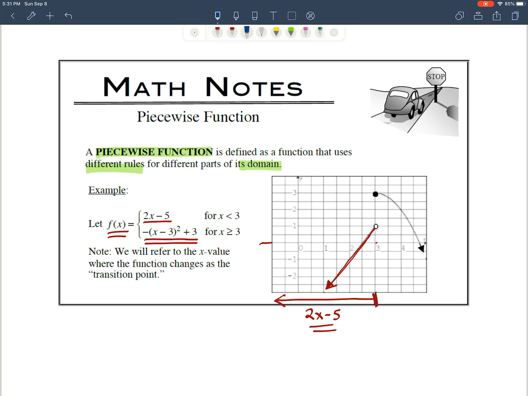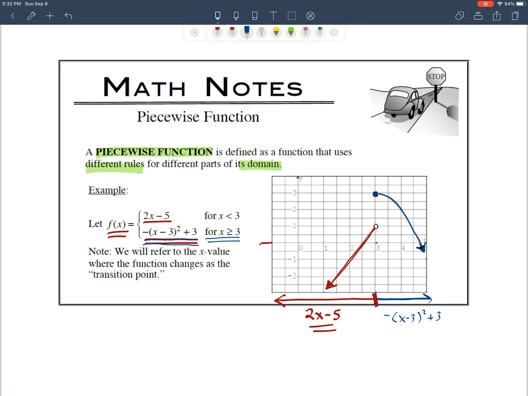And then for anything at 3 or greater, it's going to follow this rule here that looks like a parabola that is flipped upside down. That was the opposite of x minus 3 squared plus 3. So if we plug in 3, 4, 5, 6, and so on, we're plugging them into this function here, and that's why the shape changes, and that's why you see this shape where it goes down like this. You can see the half of the parabola.